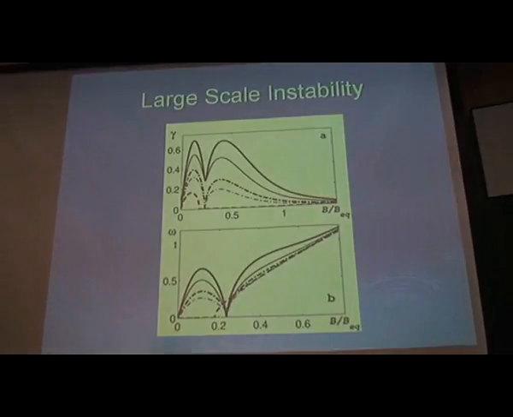This is the result of this calculation, the instability. This line is the purely hydrodynamic case, and the thick, thin, dash-dotted, and thin dash-dotted lines are several cases for the convective situation. Pay attention that the growth rate gamma in the convective case is much larger.